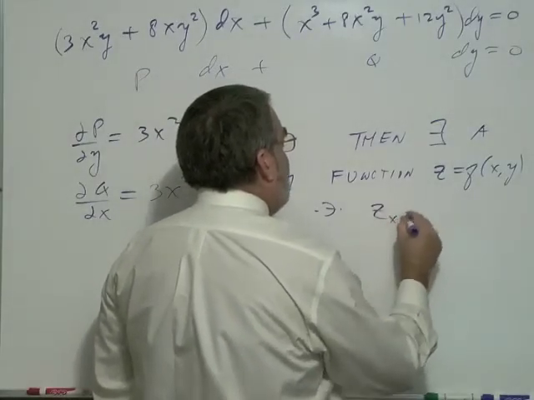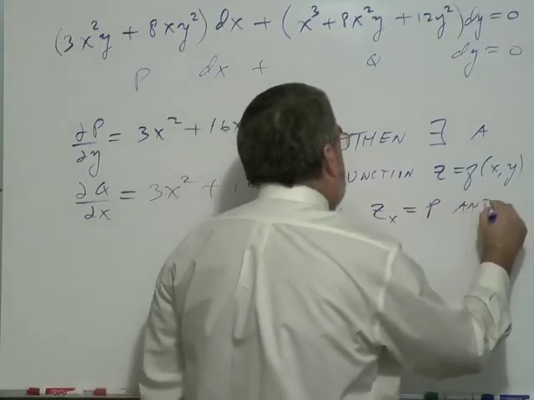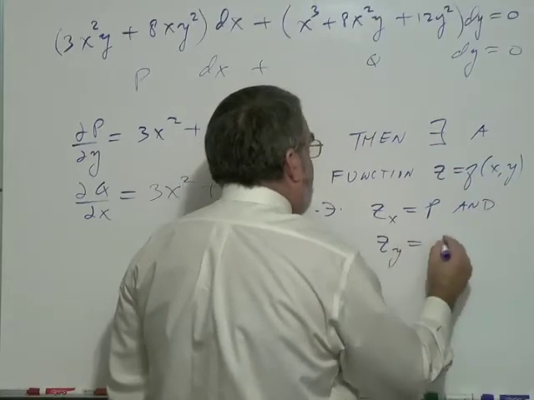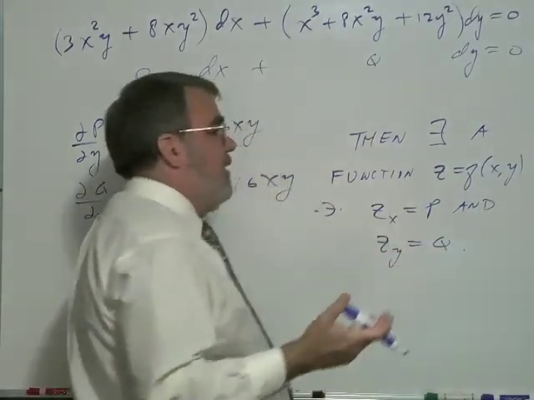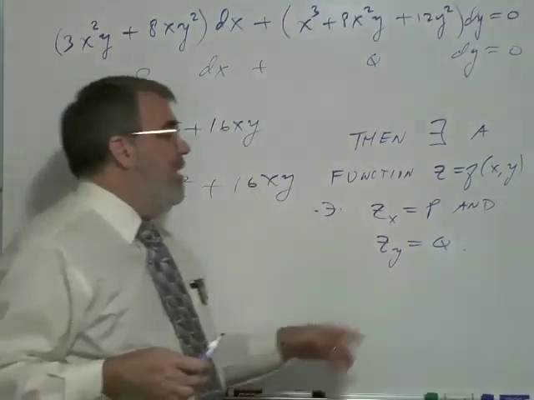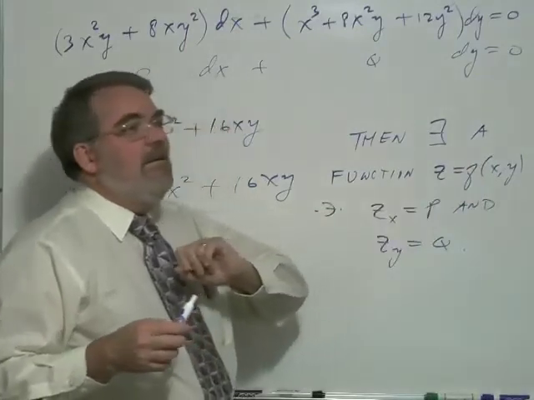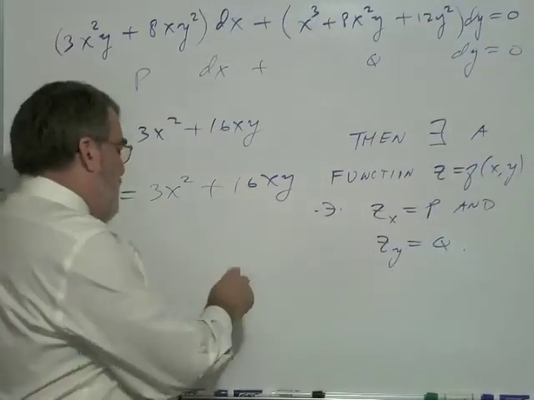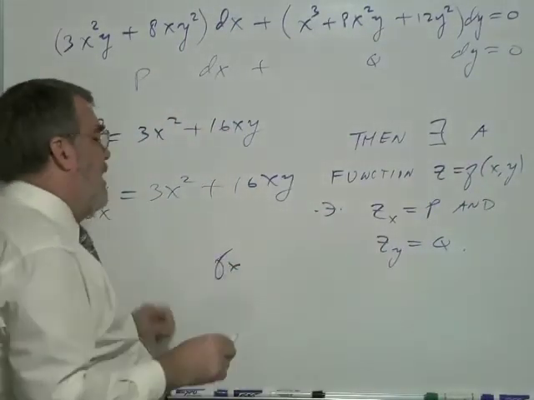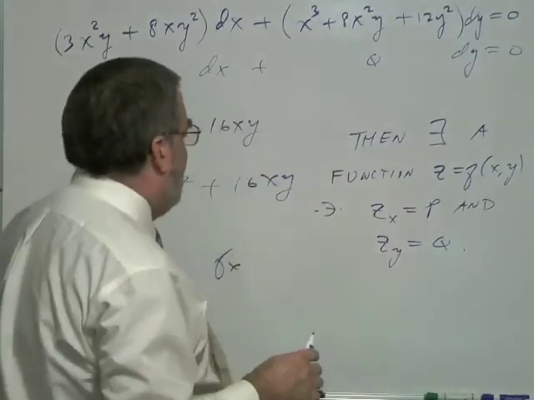zx is equal to p and zy equals q. Now, if you're kind of new to partial derivatives, then the notation is kind of bewildering. I could write f sub x and f sub y here. I could use the partial derivative notation.